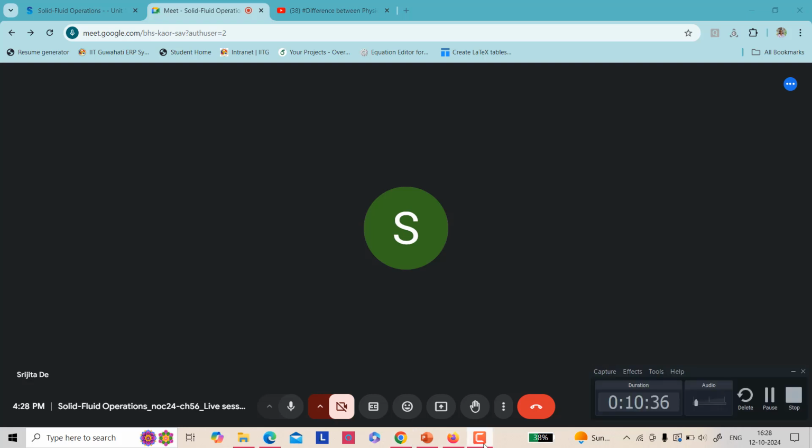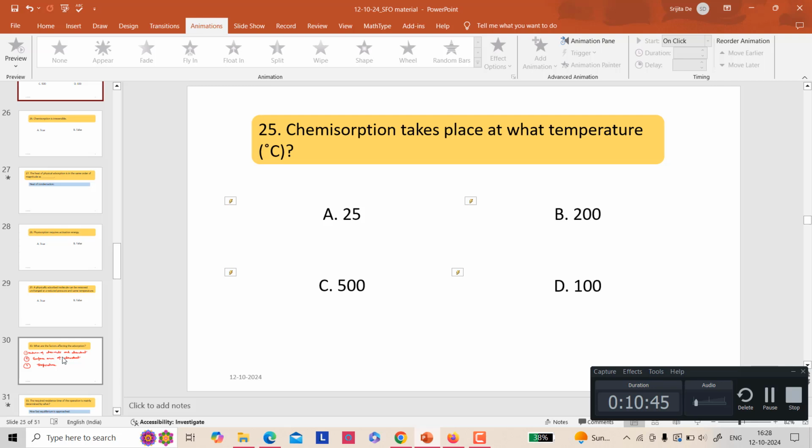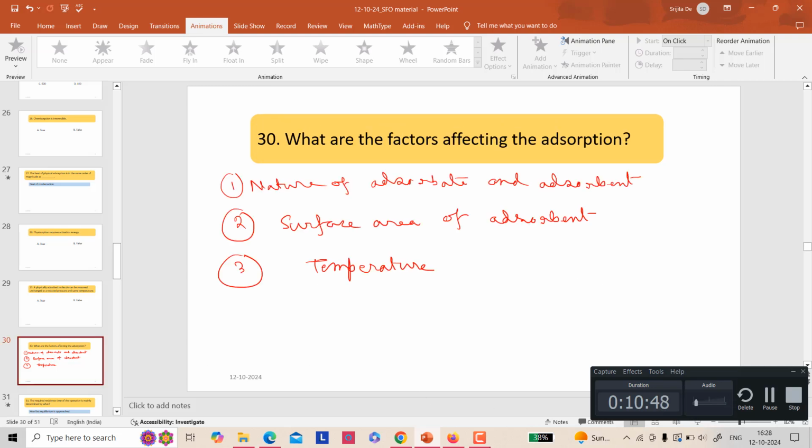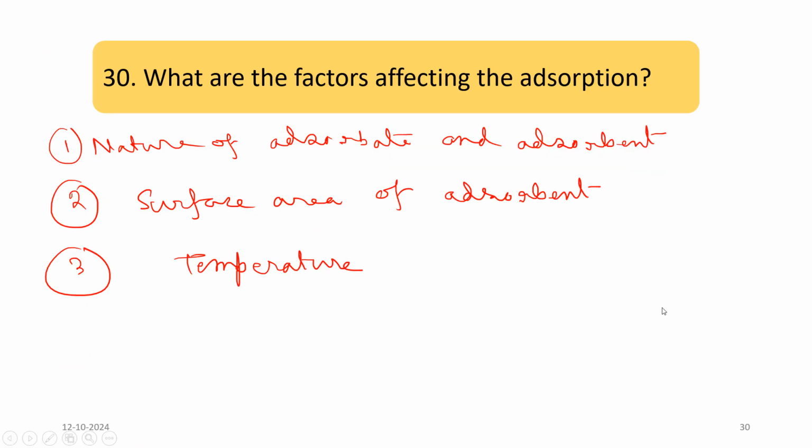Temperature is important for affecting the adsorption because according to Le Chatelier's principle, the decrease in temperature will increase the adsorption and vice versa, right? And fourth one is, of course, the effect of pressure.